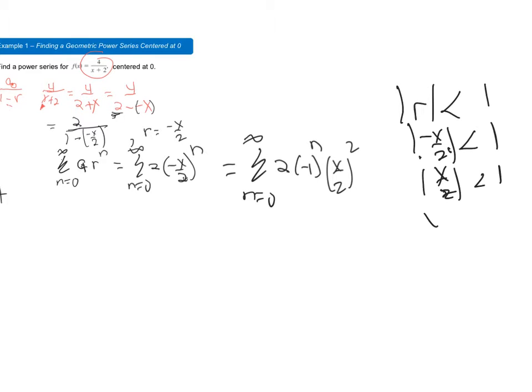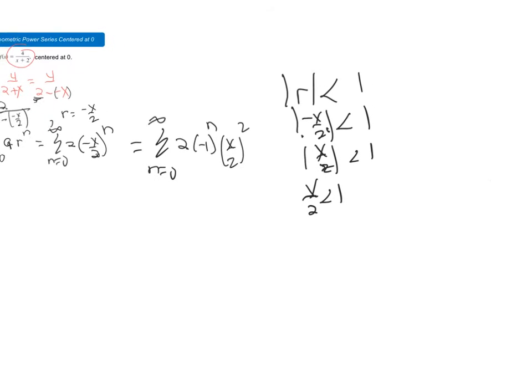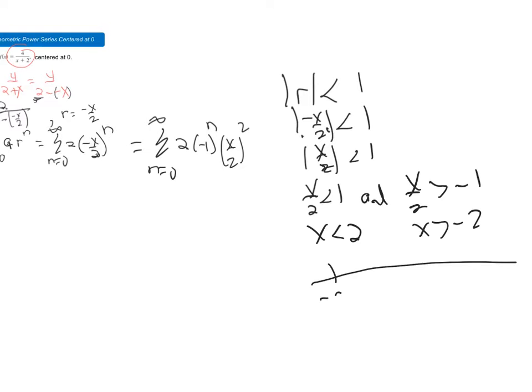So that gives me x over 2 is less than 1, and x over 2 is greater than negative 1. That means x is less than 2, and x is greater than negative 2. Do you see the interval? Negative 2 to 2.